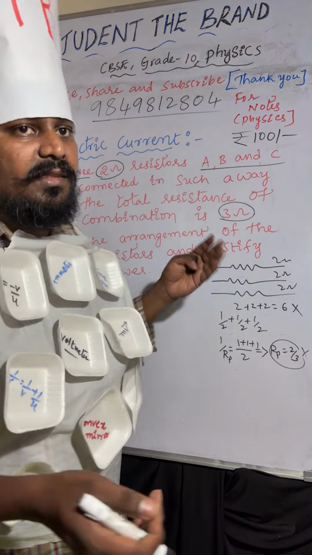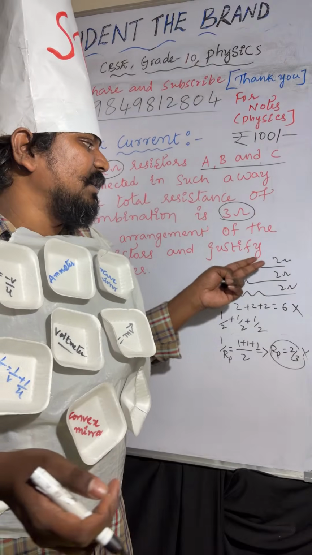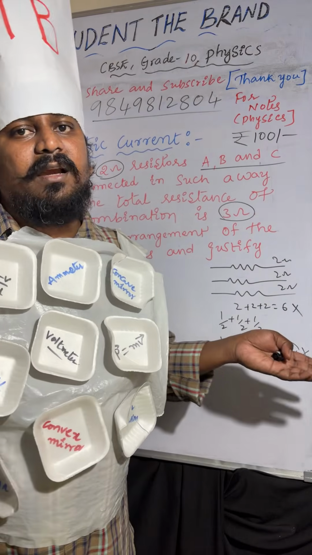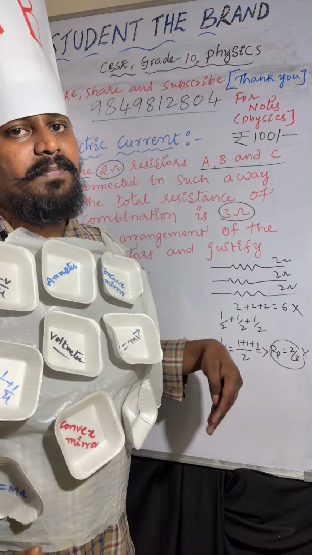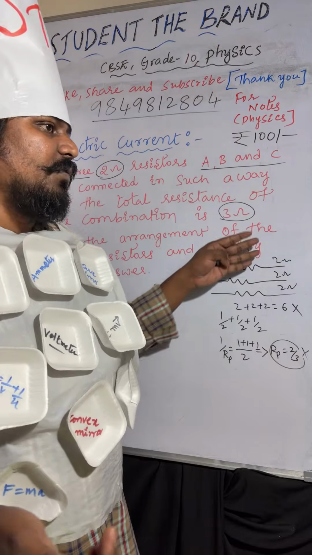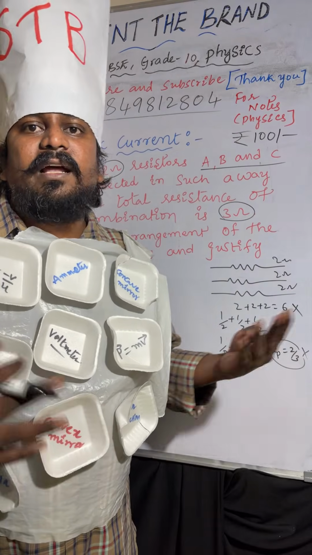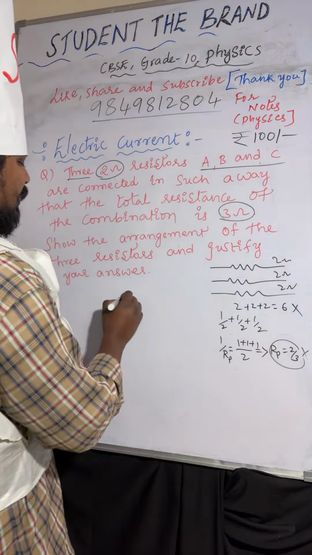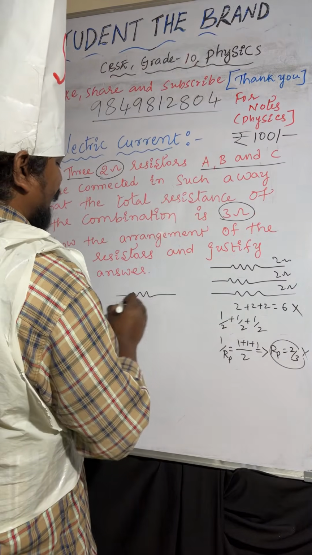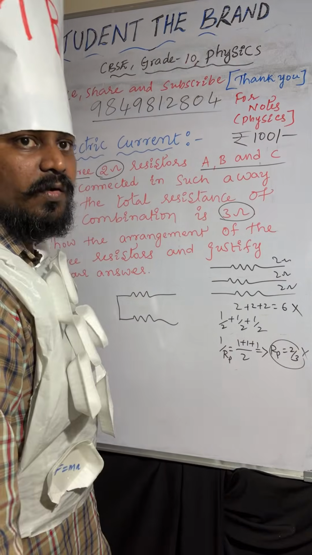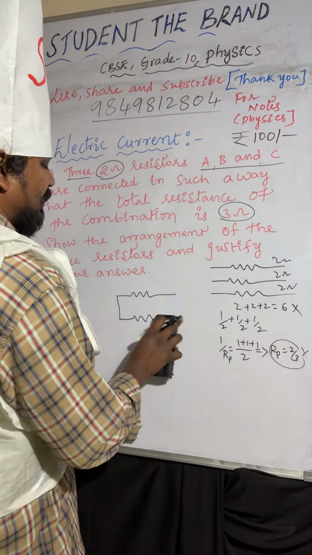Here only 3 are there. If I connect 2 in series and 1 in parallel, 1 by 4 plus 1 by 2, there also we won't get it. So now I'll try 2 in parallel combination and 1 in series combination.